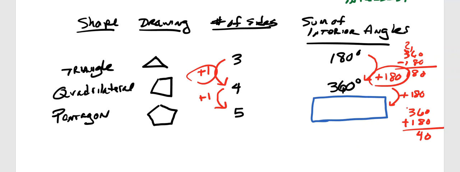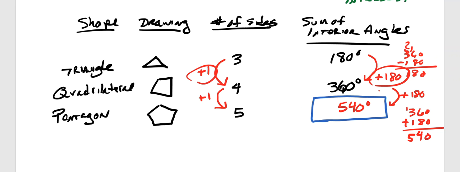Whoops, I want to say adding there. 3 plus 1 is 5. So we're going to go out on a limb here and assume that if I add a side, I add 180 degrees. So we're going to draw the conclusion that a pentagon gives us 540 degrees.